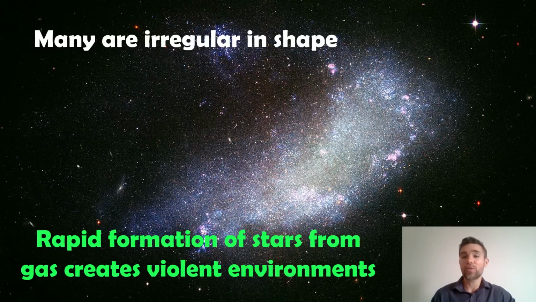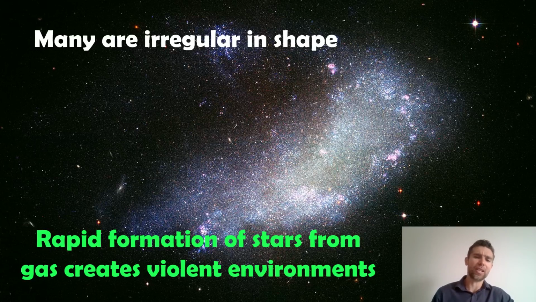Now, because of all of this, or this might be a precursor as to why they're having lots of star formation occurring at the same time, is that they are irregular in shape. So they don't have a uniform, symmetric shape like an elliptical galaxy, or one that's more spherical, or even a spiral galaxy. They are quite irregular, so they don't all look exactly the same.